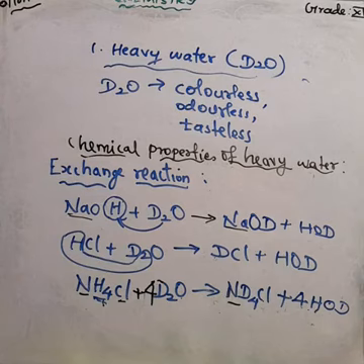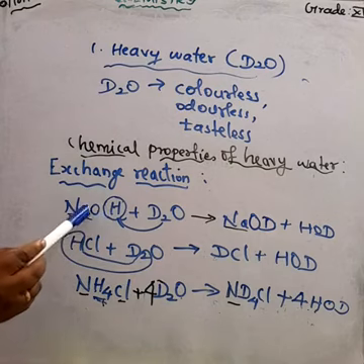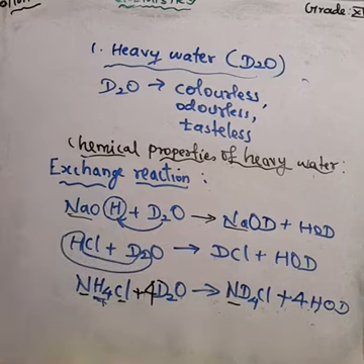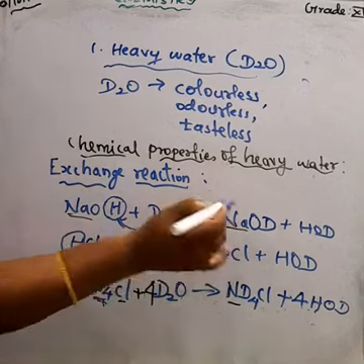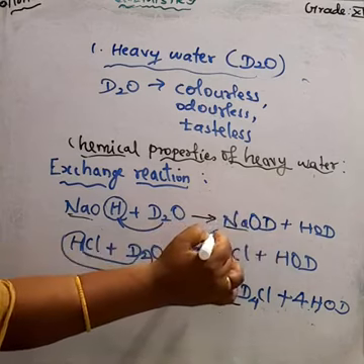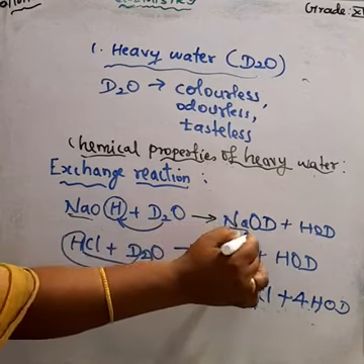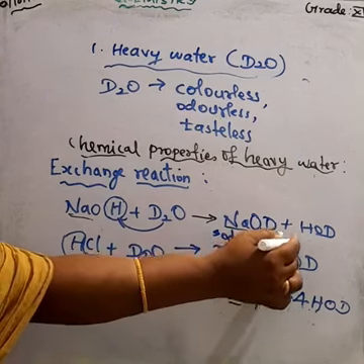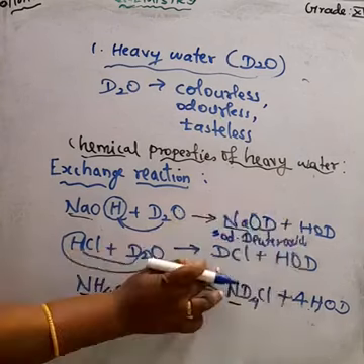First reaction: sodium hydroxide, a hydrogen compound, when treated with deuterium oxide, the hydrogen present in the sodium hydroxide is exchanged by the deuterium. So we get sodium deuteroxide. Another compound containing hydrogen, hydrochloric acid, treated with deuterium oxide, gives deuterium chloride, DCl.